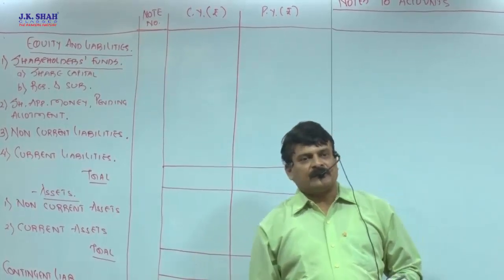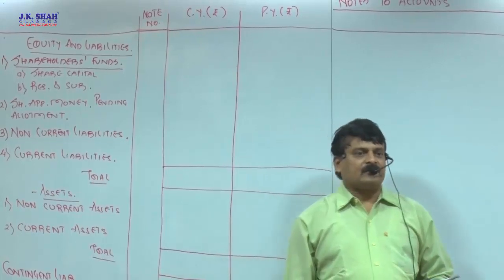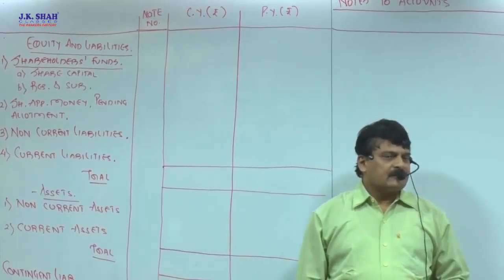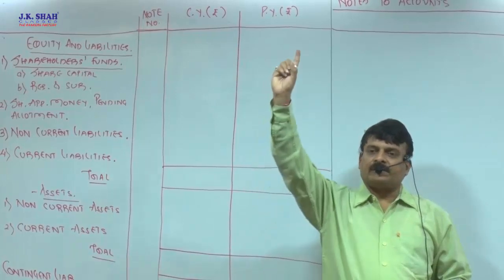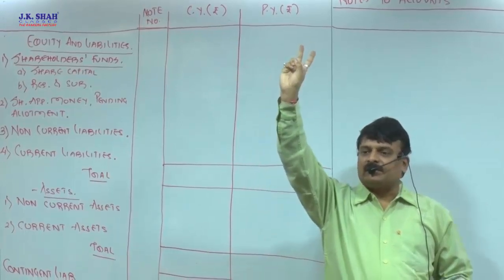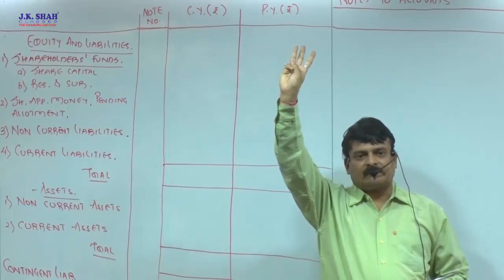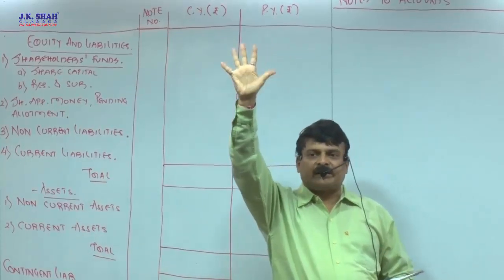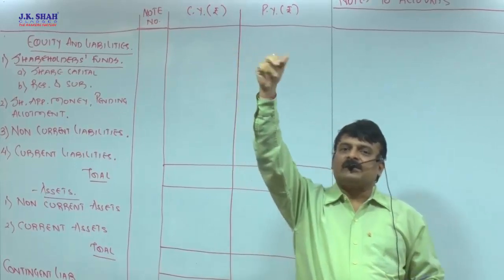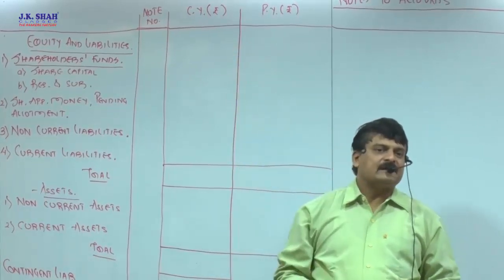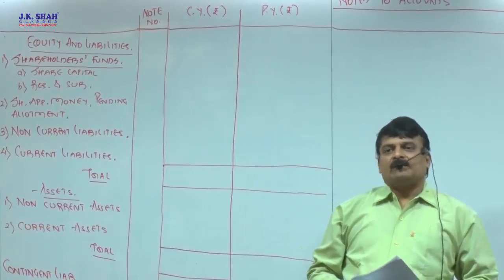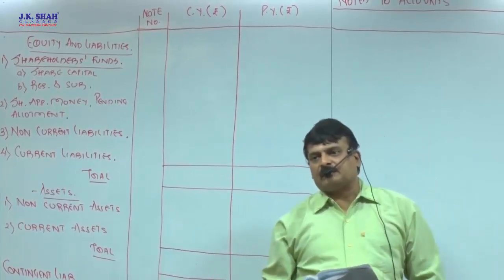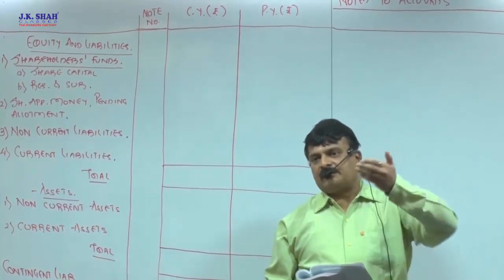If you remember CPD, AS 2 you did. Inventories consist of closing stock of raw material, WIP, finished goods, stores, spare parts, loose tools, consumables. Anyone, one more word you studied in consignment? Stock in transit.